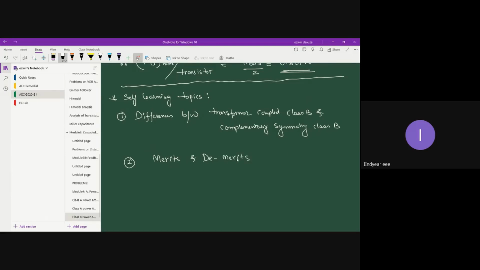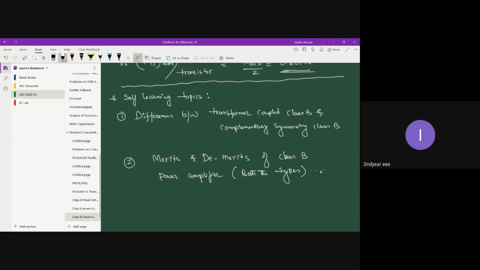Demerits is nothing but disadvantages. Merits and demerits of class B power amplifier. Okay. So when you say merits and demerits, you have to talk about both the types. Okay, both the types.